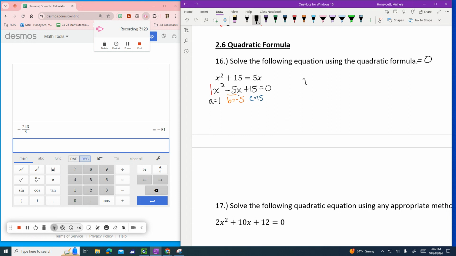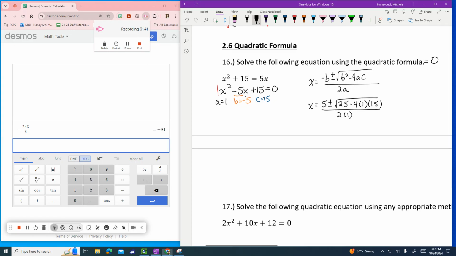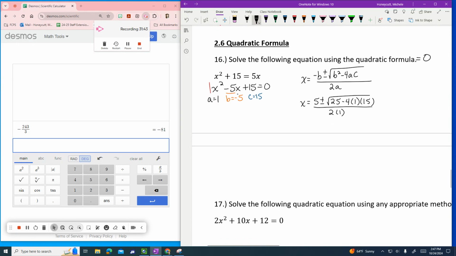So here's my quadratic formula: negative b plus or minus the square root of b squared minus 4 times a times c, all over 2 times a. I'm going to substitute in all my variables. Then I'm going to simplify following order of operations.